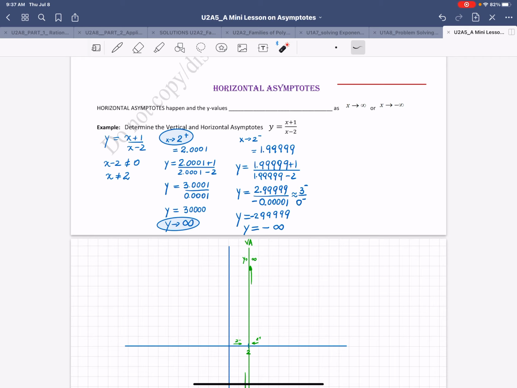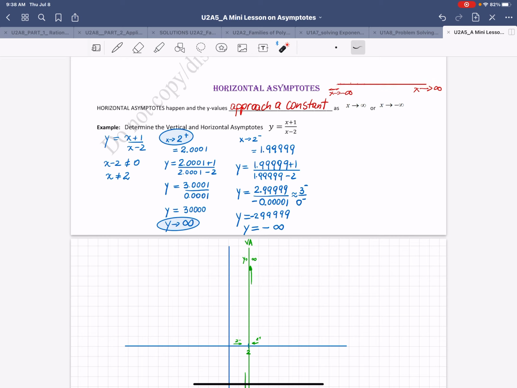Horizontal asymptotes happen when the y values stay the same or remain static or approach a constant number as x becomes very big or very small. So as x approaches infinity or x approaches negative infinity, the y values will remain constant here. They'll be on the same line, okay?